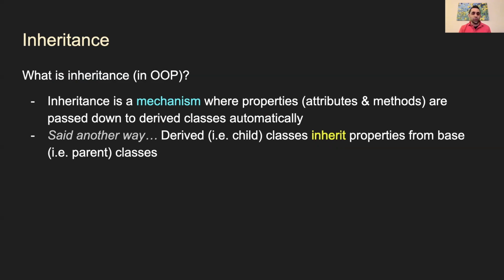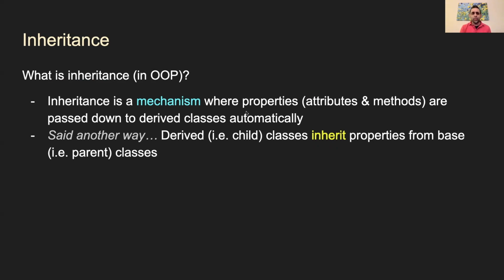And just so you're familiar with other terminology that's often used, we could also use parent classes and child classes, where instead of saying derived, we could say child classes, and instead of saying base classes, we could say parent classes. Those are generally interchangeable, but for this lecture, I'm going to be mostly saying derived classes and base classes.